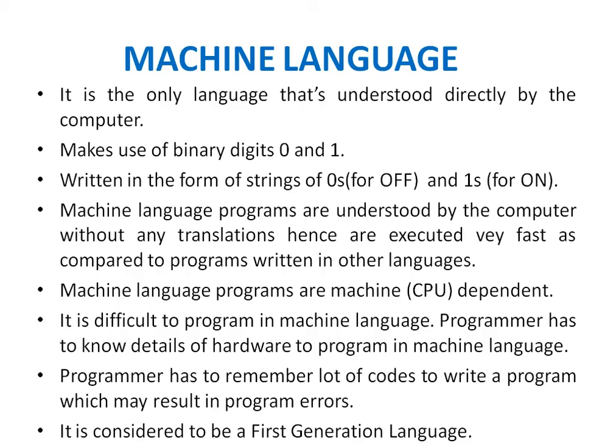The symbol 0 stands for the absence of electric pulse, and the digit 1 stands for presence of electric pulse. Machine language programs are understood by the computer without any translations and hence are executed very fast as compared to programs written in other high-level languages.